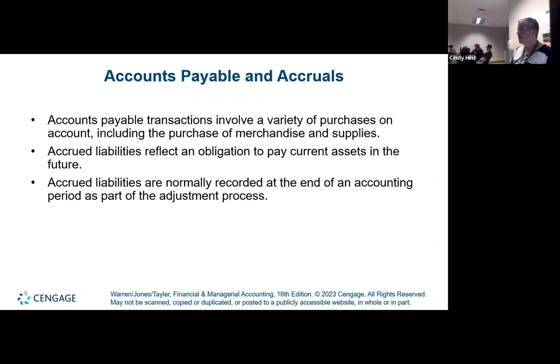So we've been talking about accounts payable. You've known that term since chapter 1. Accounts payable represents the liability. Anytime you see that word payable, we know that means we owe somebody and we are going to pay them later.